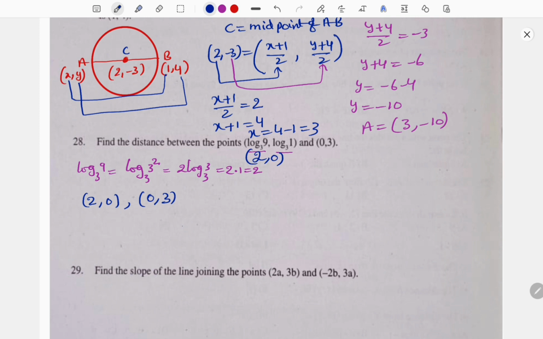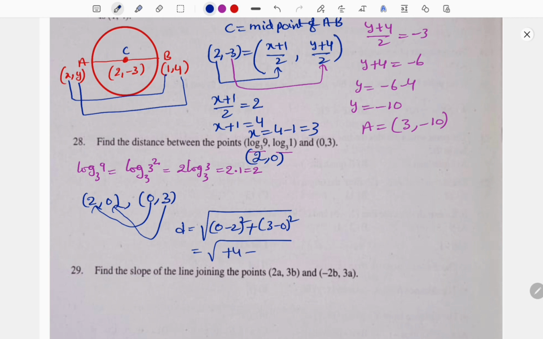So distance is equal to root over (x2 minus x1) whole square plus (y2 minus y1) whole square, that is (0 minus 2) whole square plus (3 minus 0) whole square. So that is equal to root over 4 plus 9, so that is equal to root 13 units.